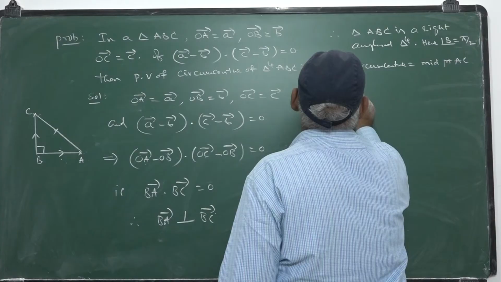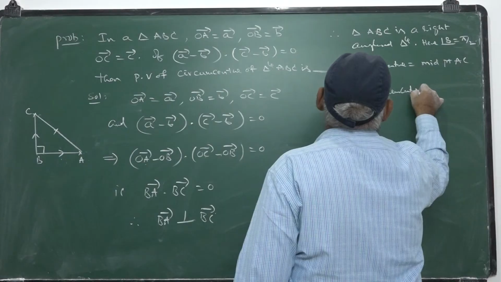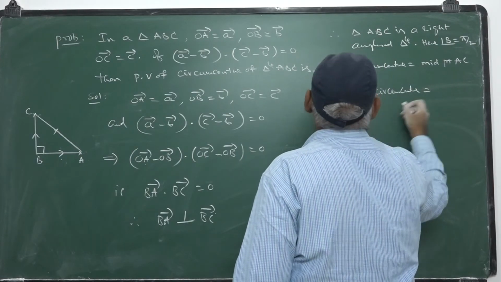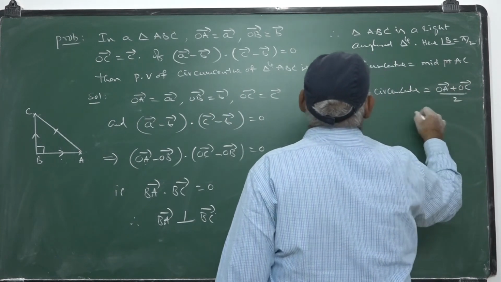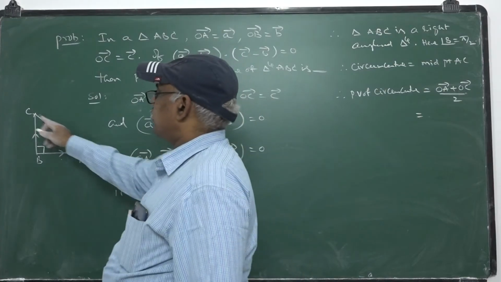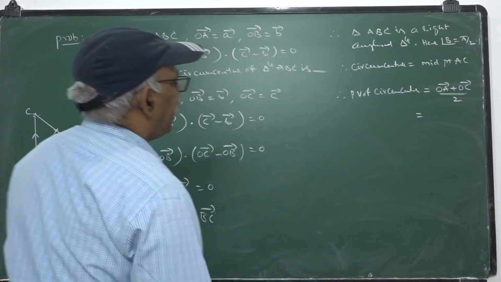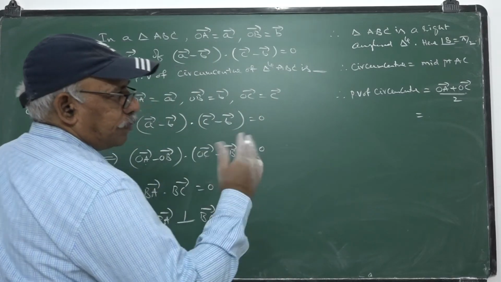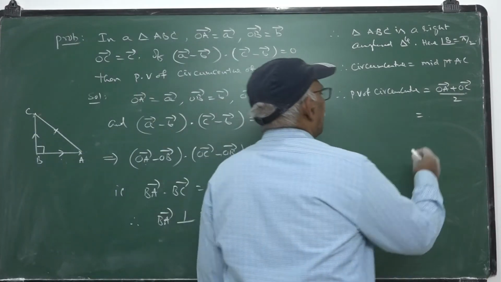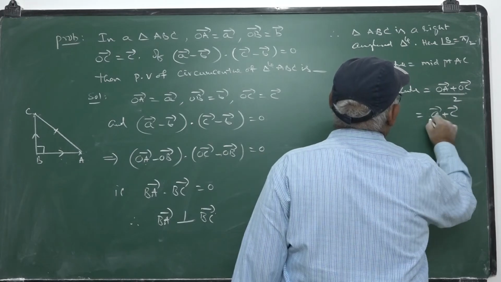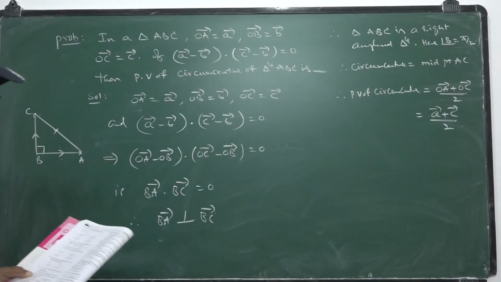Therefore, the position vector of the circumcenter, that is OS bar, is position vector of A plus position vector of C by 2, based on the midpoint concept. The midpoint position vector is obtained by the sum of the position vectors of the ends of the line segment by 2. That gives us A bar plus C bar by 2, this is our required position vector of the circumcenter.